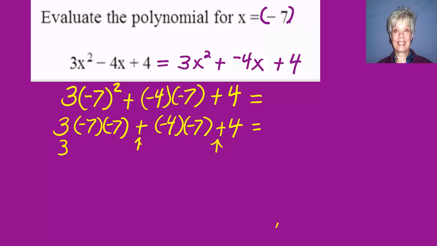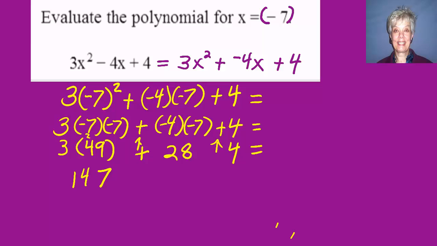This will be 3 times 49. -4 times -7 is positive 28 plus 4. Now let's see. 3 times 9 is 27. Carry the 2. 3 times 4 is 12. Plus 2 is 14.